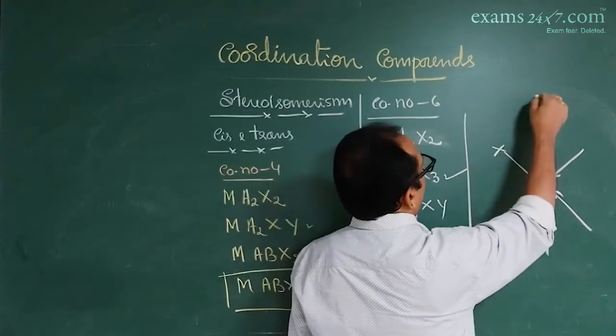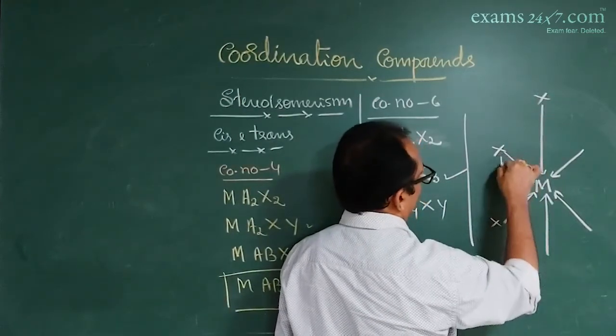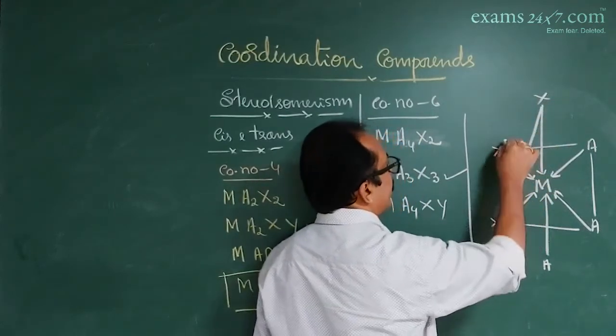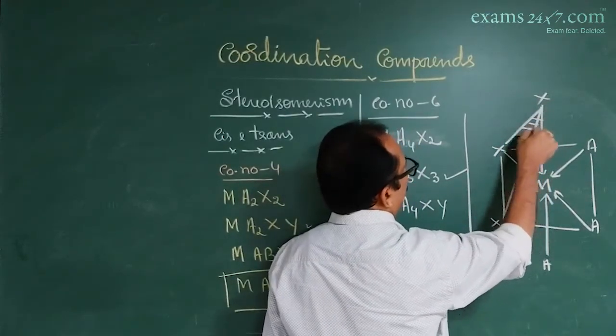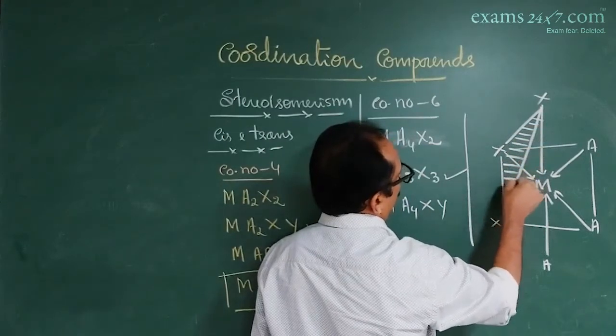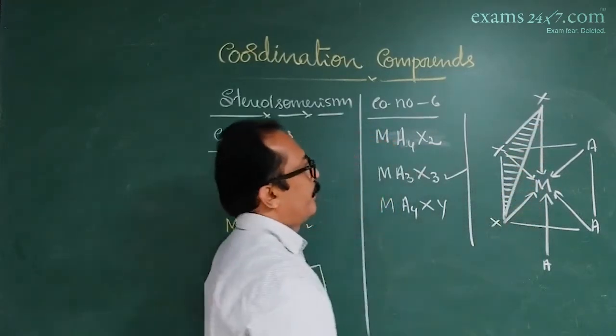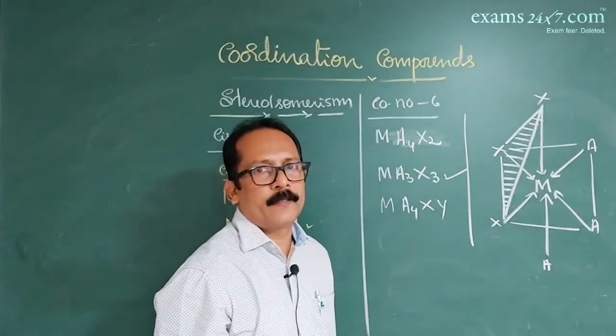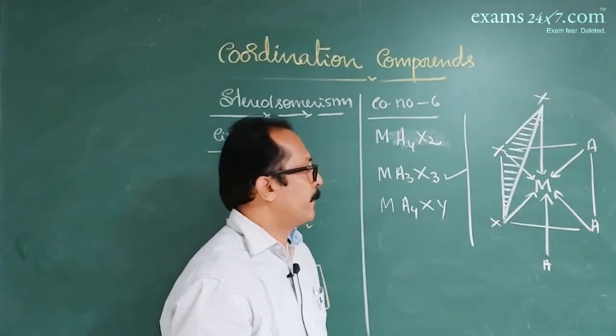I'll write X. When you consider these 3 X ligands, they are present at one face of the octahedron. Therefore, this is called facial or cis isomerism.